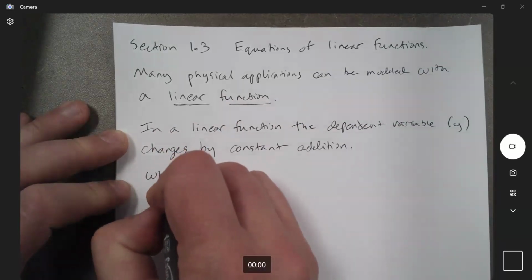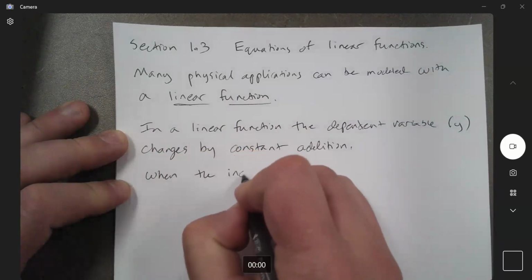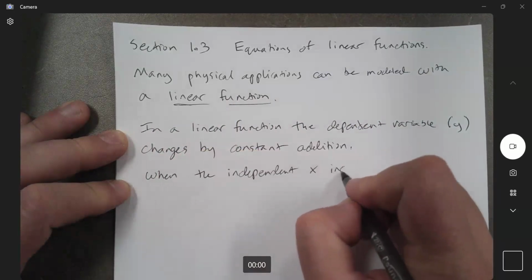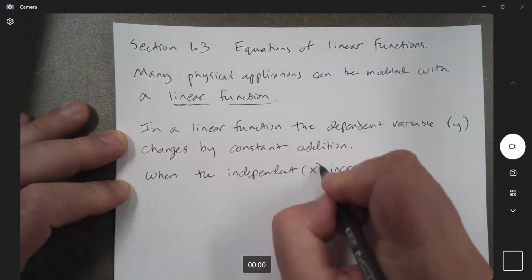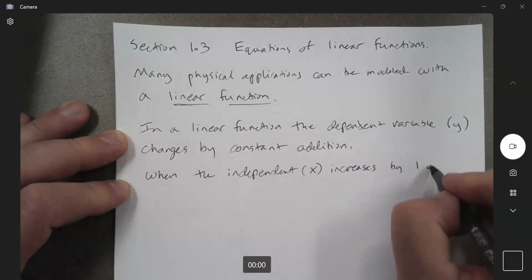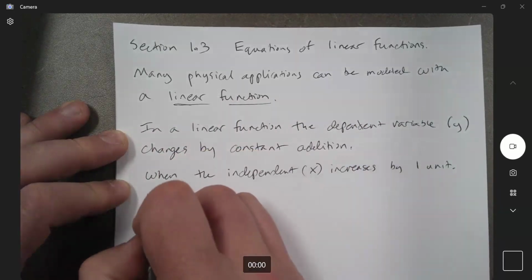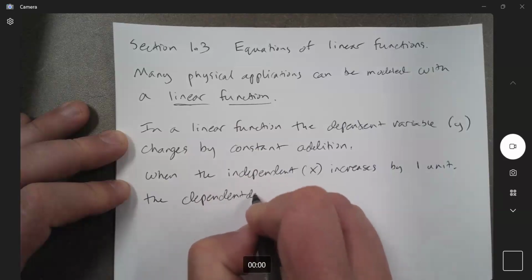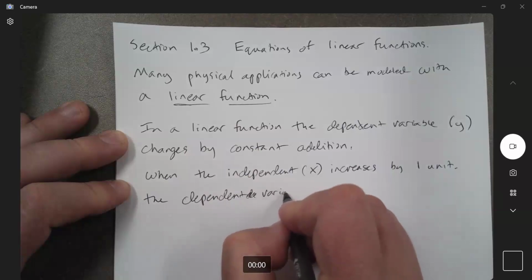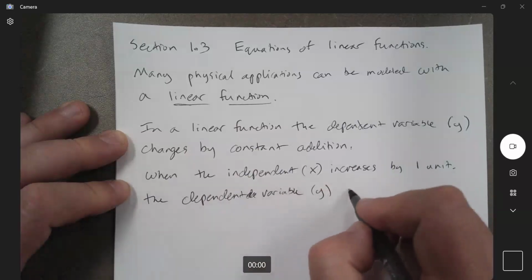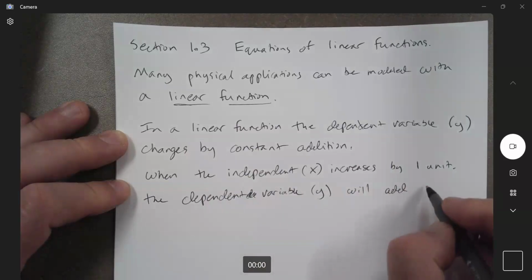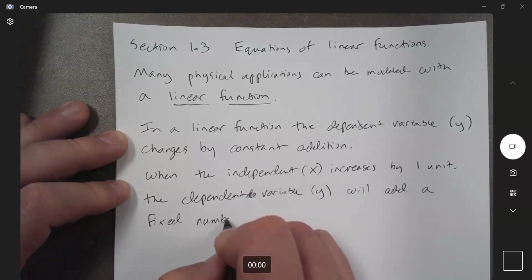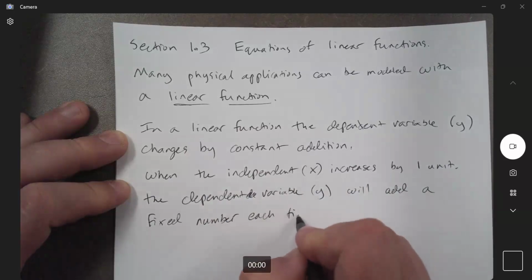In other words, when the independent variable x increases by 1 unit, the dependent variable y will add a fixed number each time.